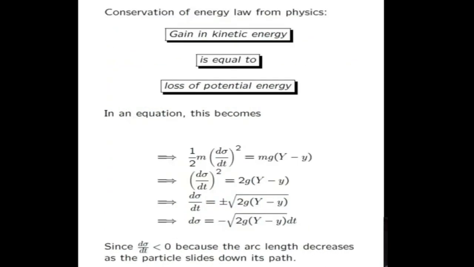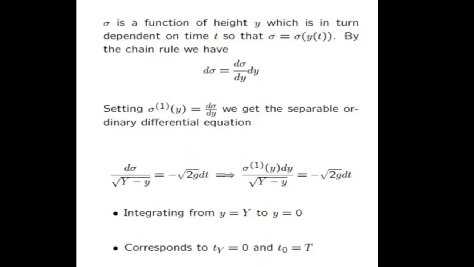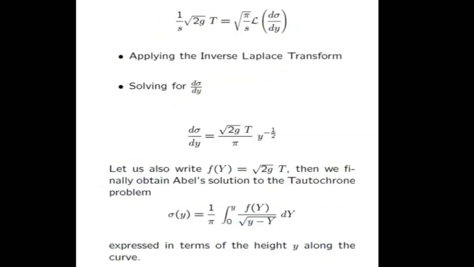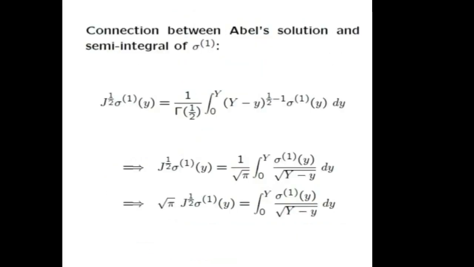So Abel was the first to solve this problem through the use of classical physics, in which he set up a differential equation, did a Laplace transform, did convolution products and inverse Laplace transforms, and lots of integral computations, which we can bypass if we notice that we could obtain the same result by applying the semi-integral operator to the arc length derivative sigma 1, and then we can most immediately obtain the Abel solution for the tautochrone problem.